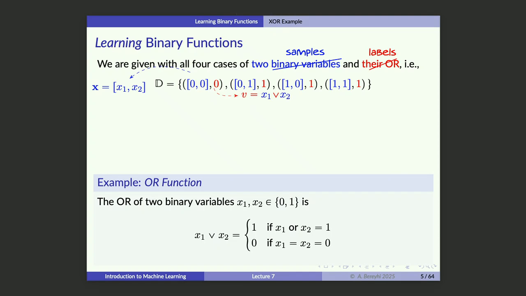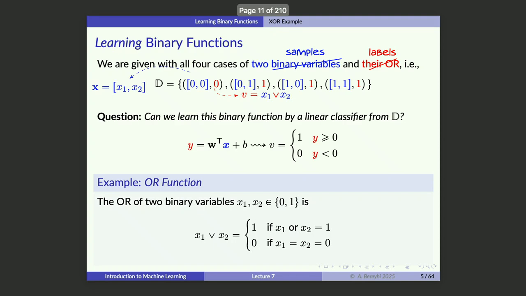And what I want to do is see whether I can make a classifier which can really realize this function for me. So the main question here is whether I can find one linear classifier, so one weight and bias, which gets multiplied with the x's and then added up. And at the end of the day, when I classify that particular output y, I get exactly 0 when the OR value is 0, and 1 when the OR value is 1.